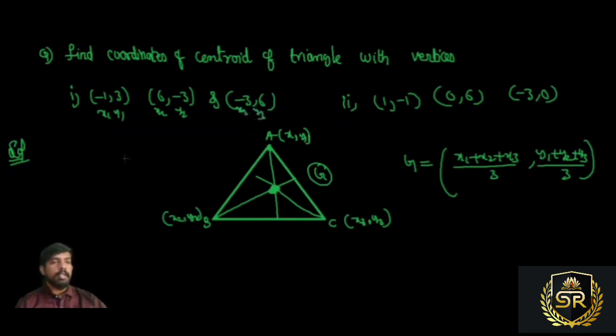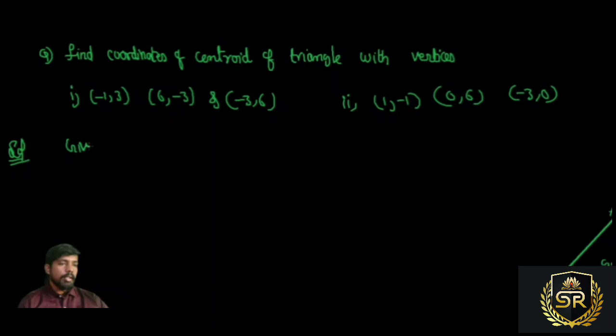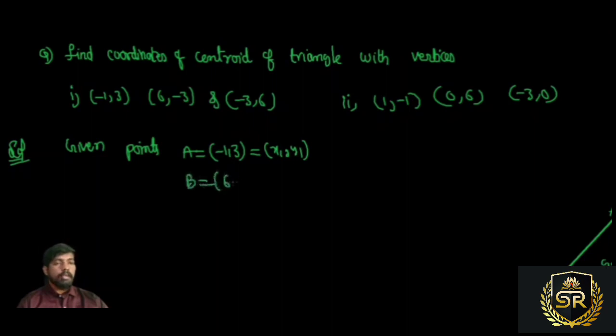First we will discuss the first problem, and later on the homework. This is a homework problem. Given points: A point is minus 1 comma 3, which is x1 comma y1, B point is 6 comma minus 3, this is x2 comma y2, and C point is minus 3 comma 6, this is x3 comma y3.